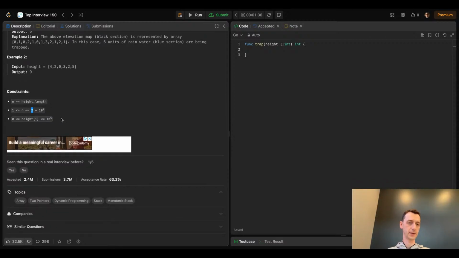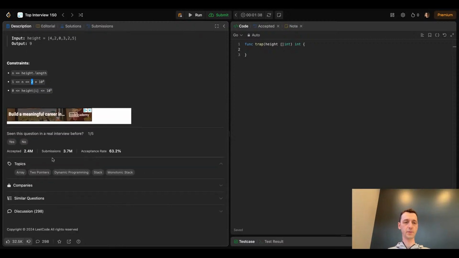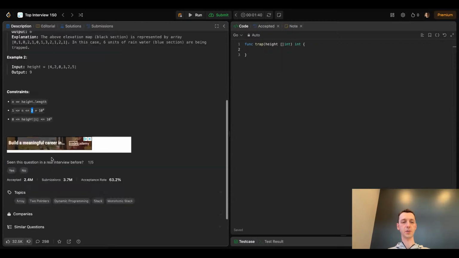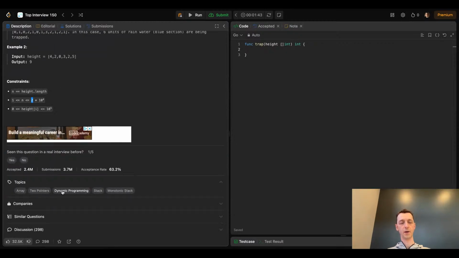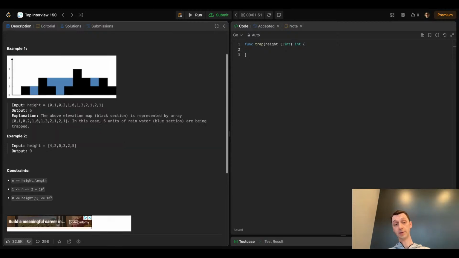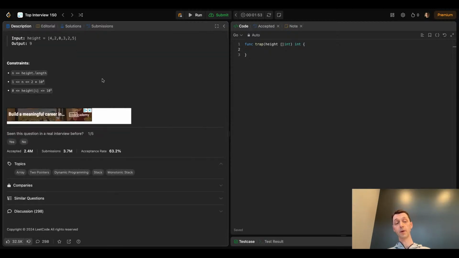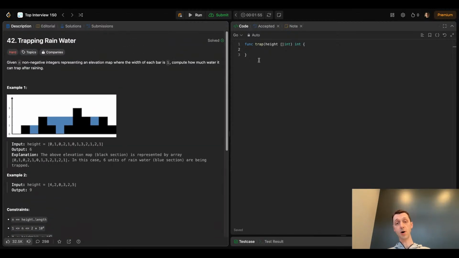Okay, the problem says that the topics are array, two pointers, dynamic programming, stack, and monotonic stack. So I'd say there could be a solution using those, but the solution that I know is actually quite simple in its logic.